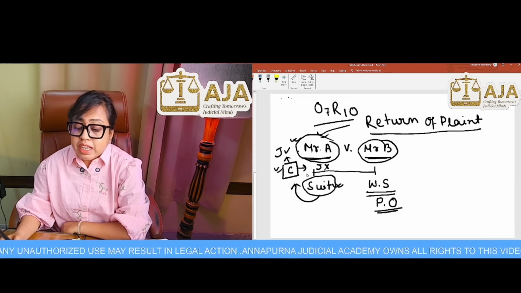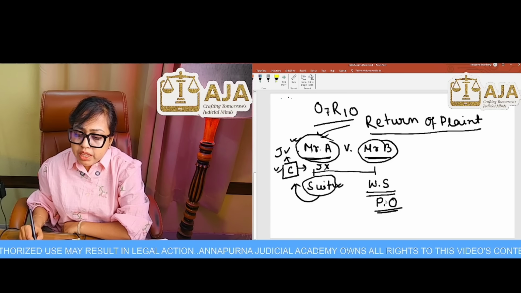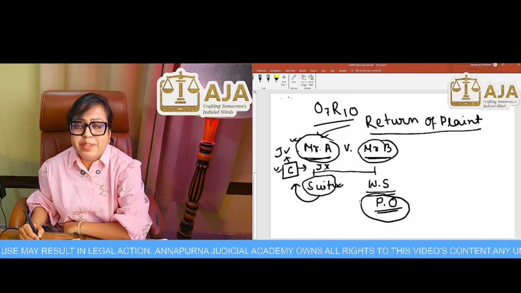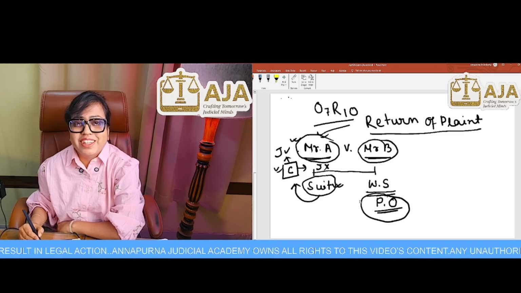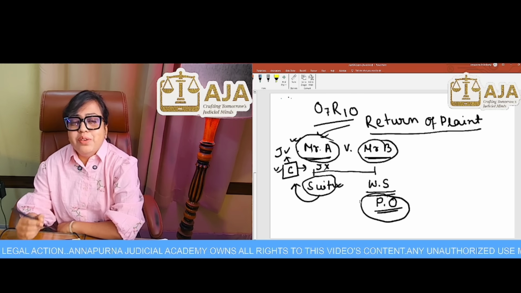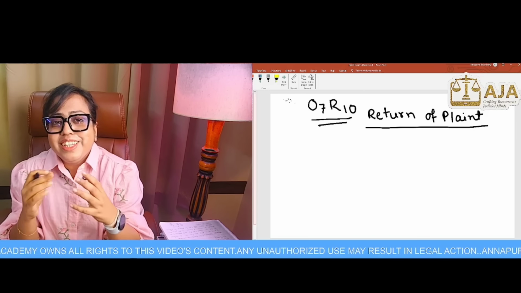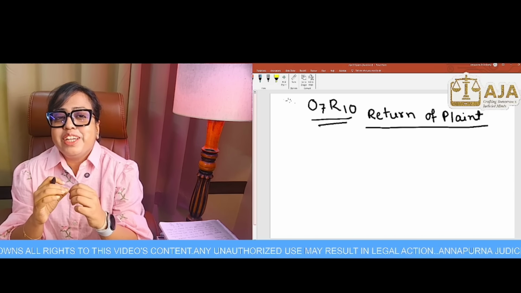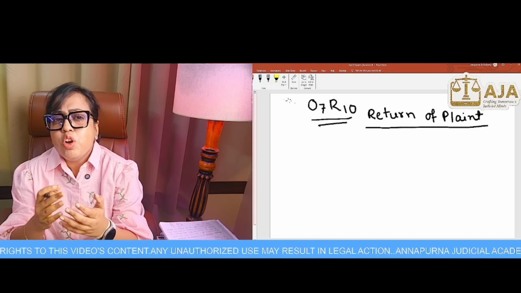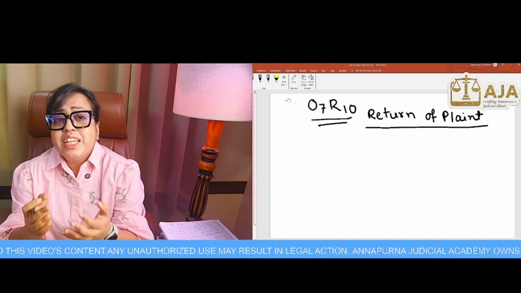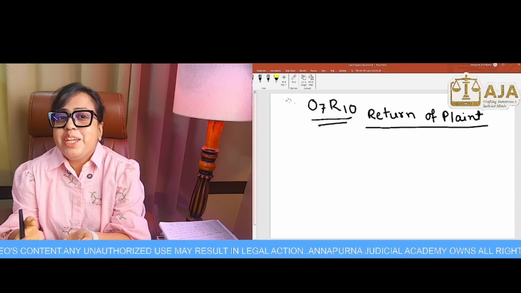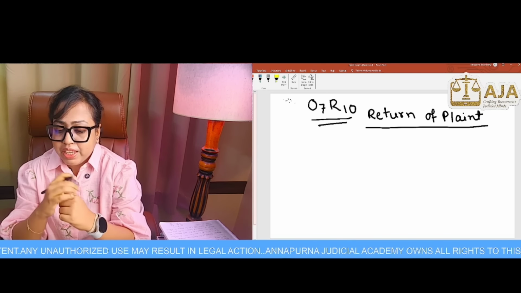Now, you may ask me, what is a preliminary objection? A preliminary objection can be raised on various grounds regarding maintainability of the suit.